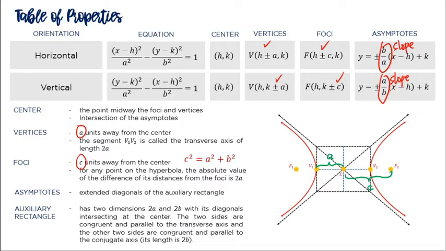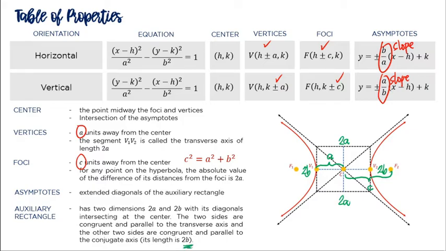So, meaning this one is 2a and this one also is 2a. Kasi the same lang siya ng length ng transverse axis. Okay? The other two sides naman are congruent and parallel to the conjugate axis, meaning this side here is 2b and this one is 2b. Kasi yung length ng conjugate axis natin ay 2b lang.